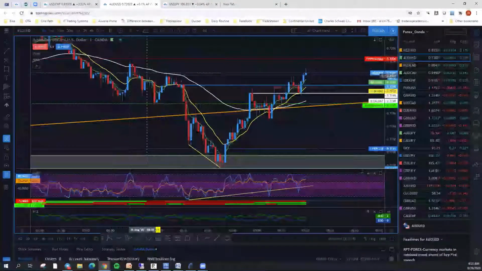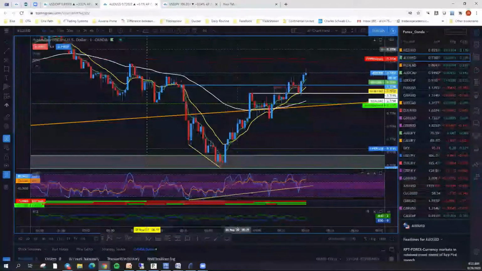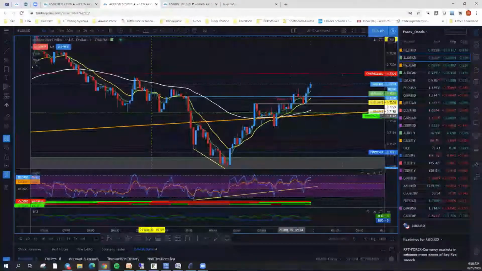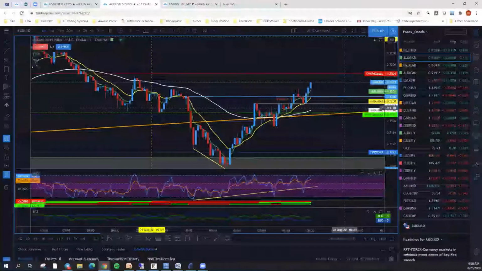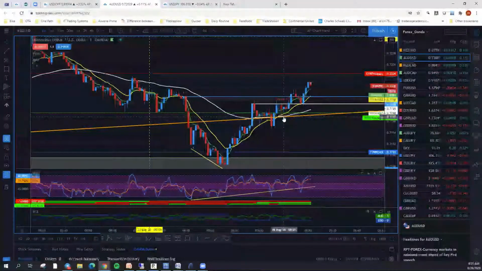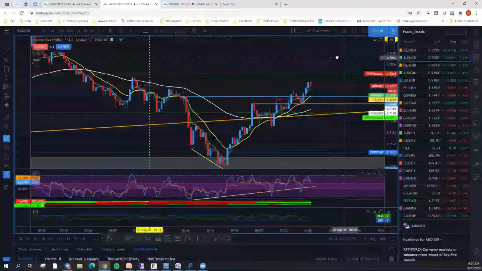It still has all this area to work its way through, and that's where you sometimes can get caught, where you have very tight ranges. This is only 7 pips between the red and the green here. That's only 7 pips, but that's your 7 pip target.